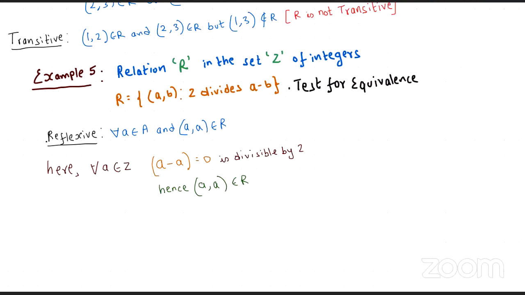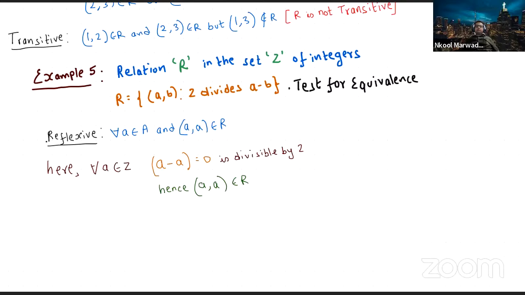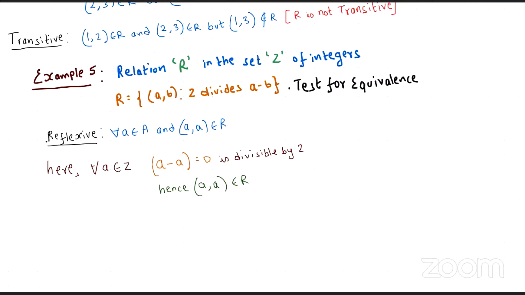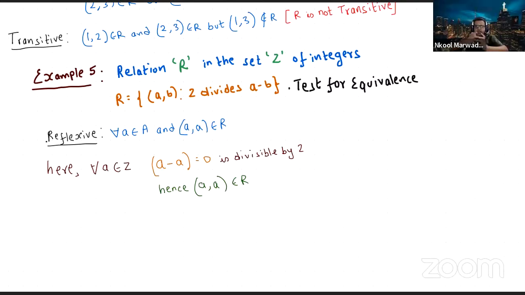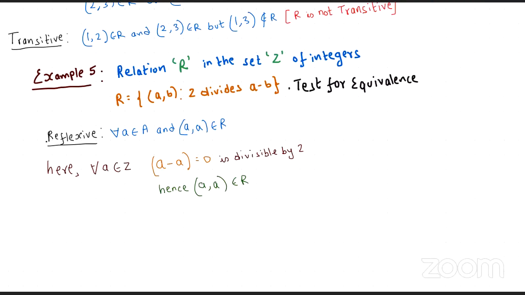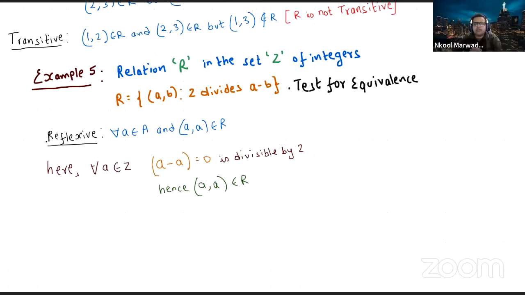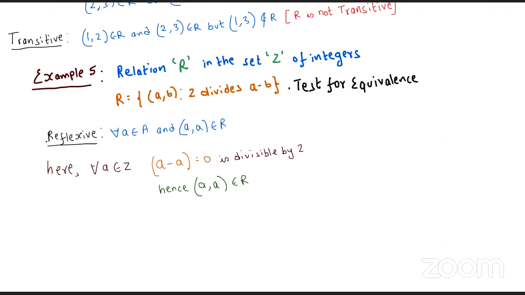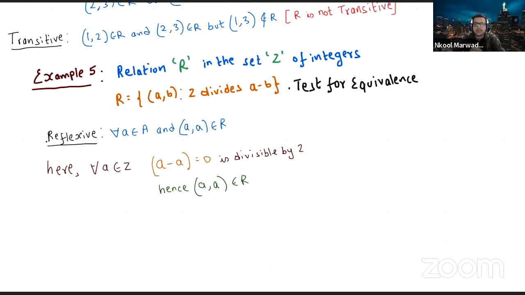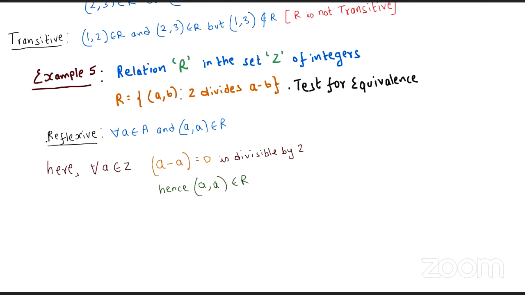The 0 is divisible by 2, so (A, A) belongs to R. Because the definition of the relation itself says that A minus B should be divisible by 2, then I will say that (A, B) belongs to R. And if A minus A is divisible by 2, then I can say that (A, A) will belong to R. Hence I can say that R is reflexive.